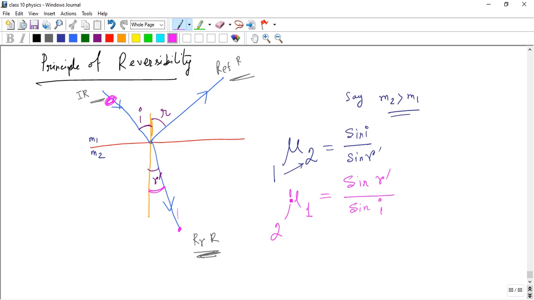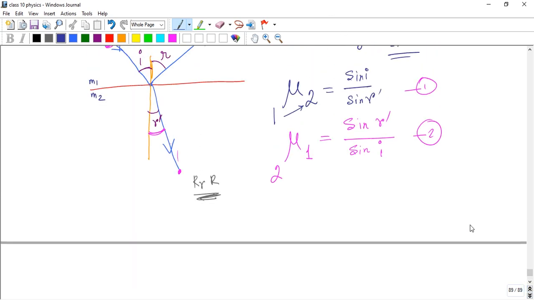Now if we multiply these two, equation 1 and equation 2, mu 1 to 2 multiplied by mu 2 to 1, so sin i by sin r' times sin r' by sin i.